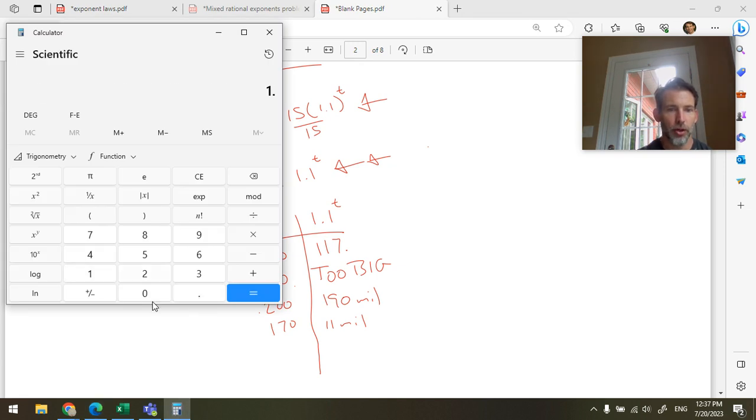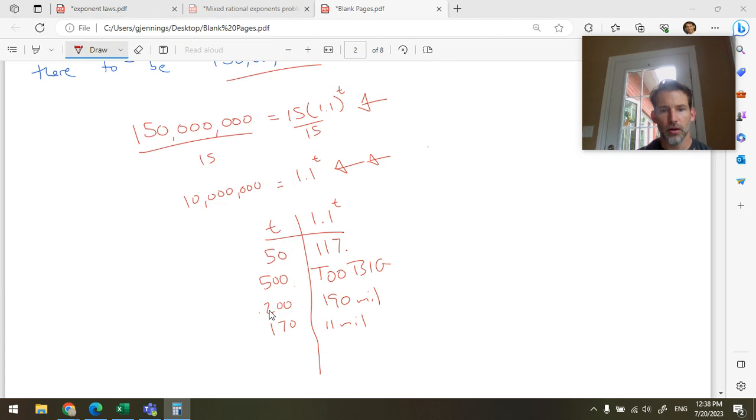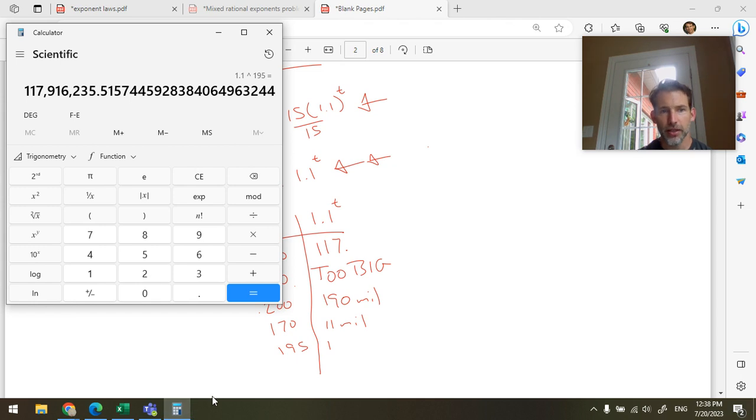So let's do 1.1 raised to the 190. Well, that's pretty darn close, 73 million. Let's do 195. 1.1 raised to the 195 equals. Really, really close. 195 is 1, what was it? 18.